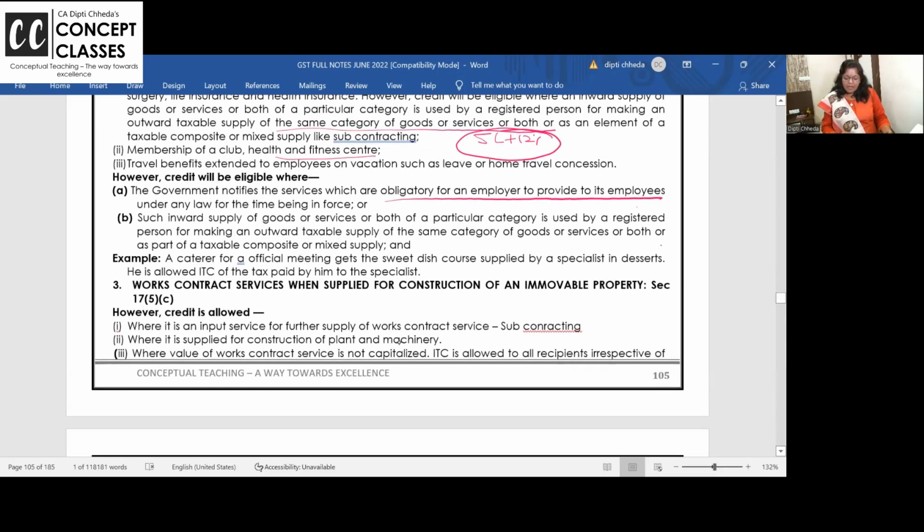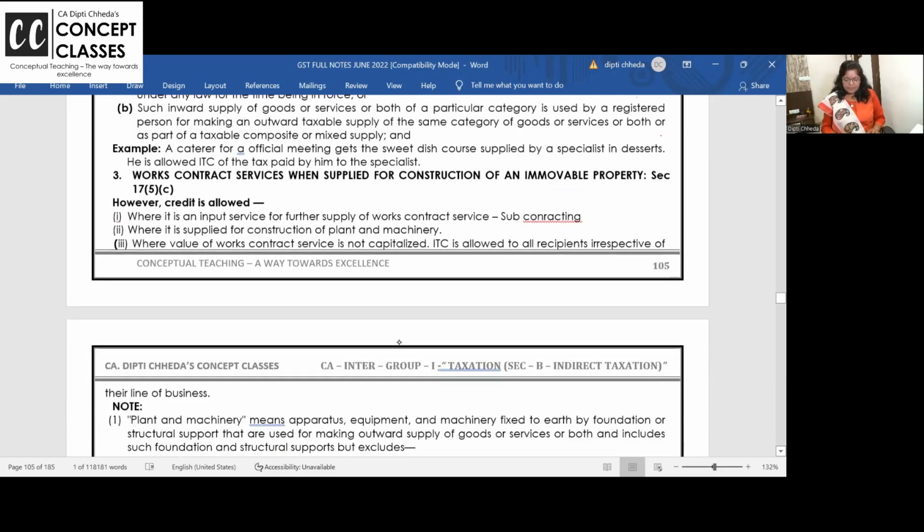A caterer for an official meeting gets a sweet dish supplied by a specialist in dessert. He is allowed to take the credit. I told you it's in the same line, so it is allowed.